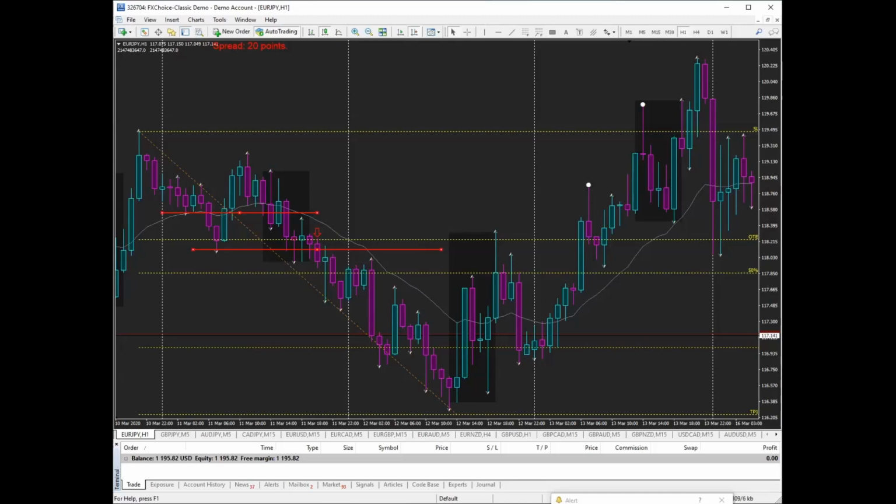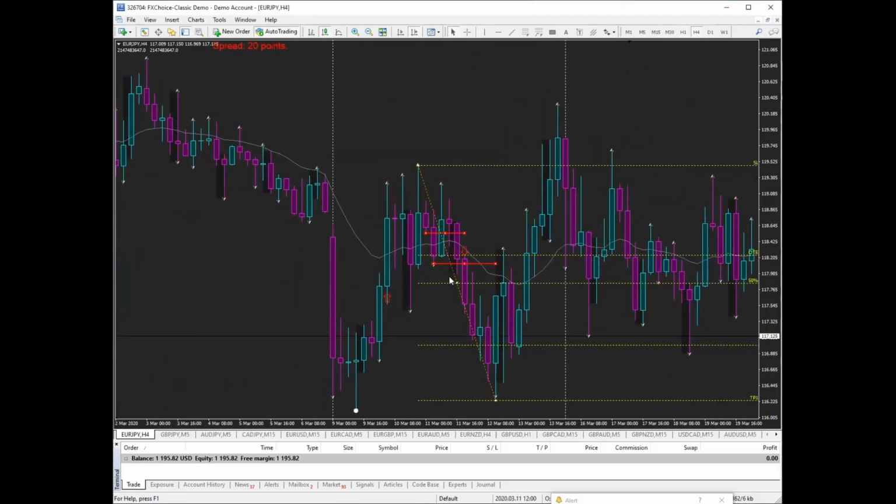It will give you alerts on the 4-hour and 1-hour chart when these setups happen.